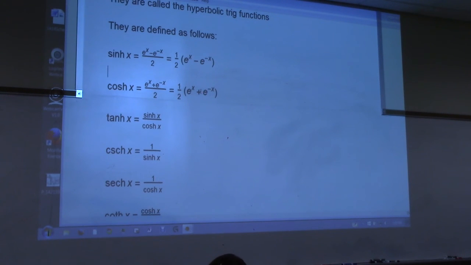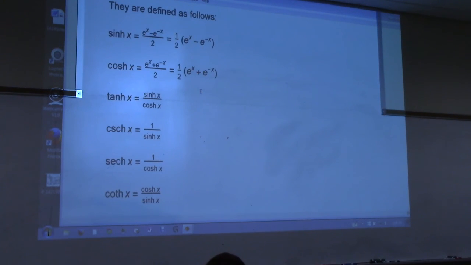And then the other 4 hyperbolic trig functions all come from our standard definitions from our original trig functions from pre-cal. Tangent in pre-cal was sine over cosine. Well, same thing here. Hyperbolic tangent is hyperbolic sine of x divided by hyperbolic cosine of x.